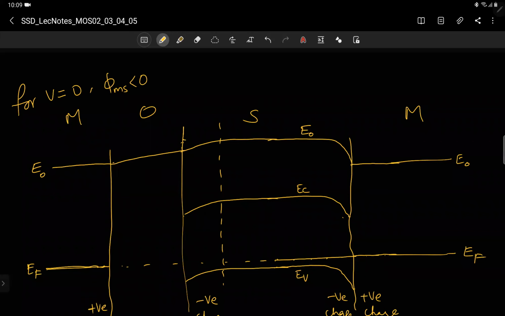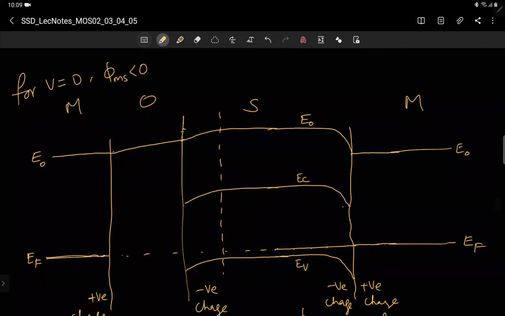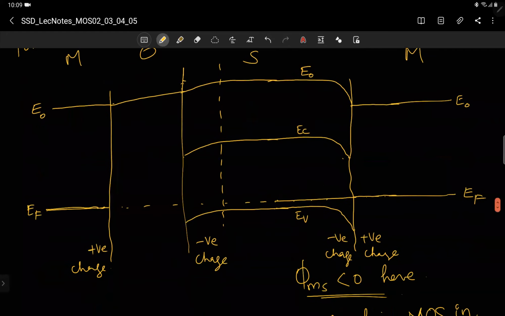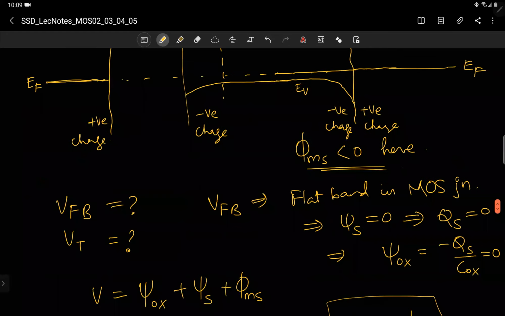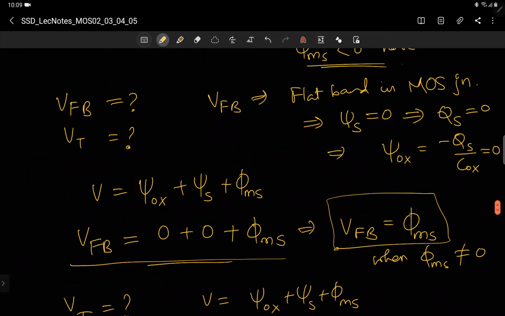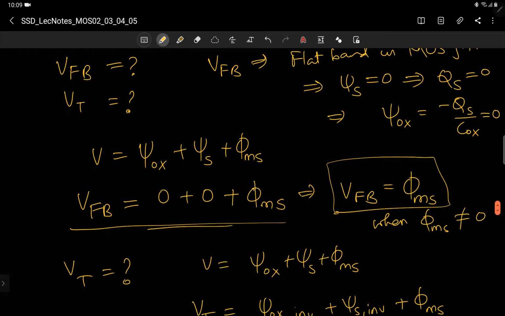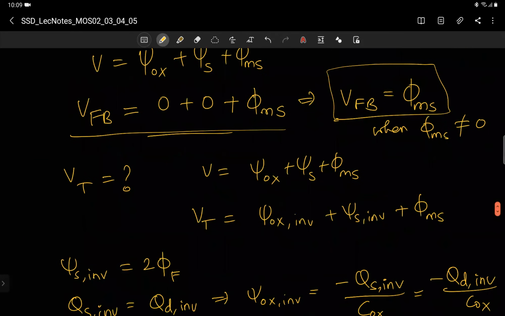So this is how phi ms not equal to 0 will lead to some band bending and some charge in the MOS junction. And we have seen what VFB should be, and we found that VFB has to be phi ms. So phi ms is the voltage that you should apply across the MOS cap to actually make bands flat. And we have stopped here.